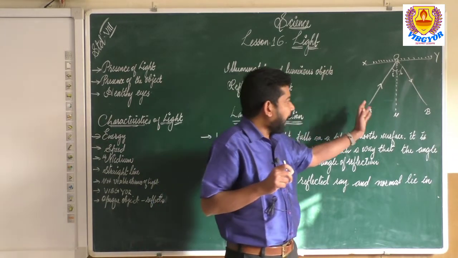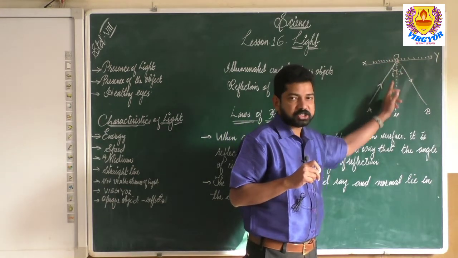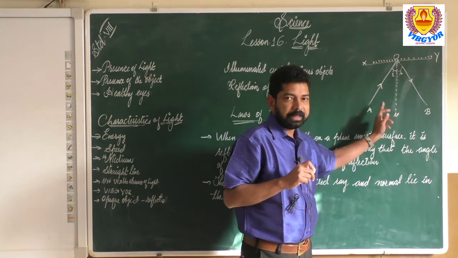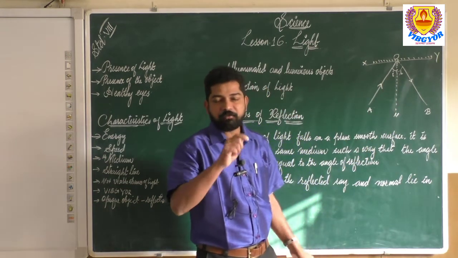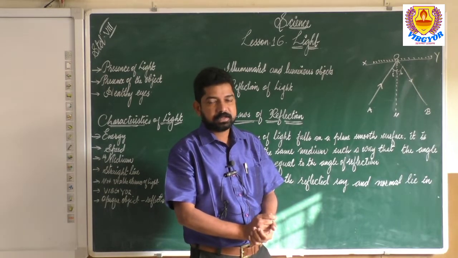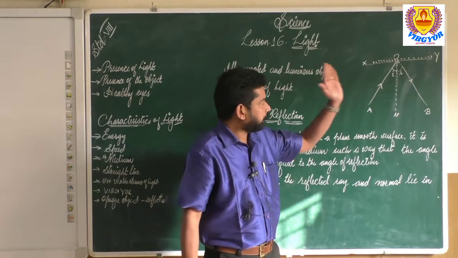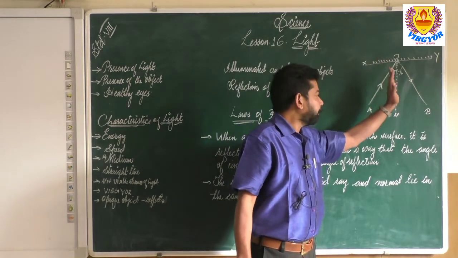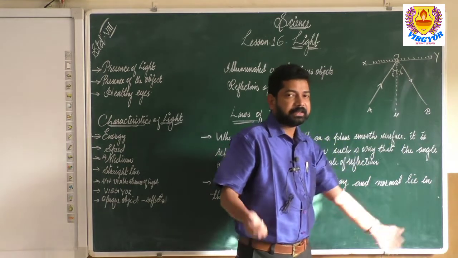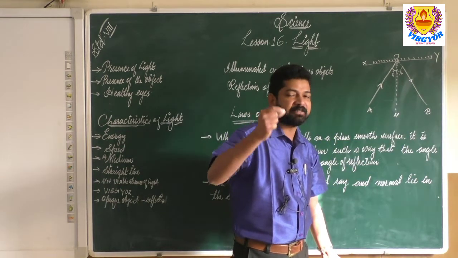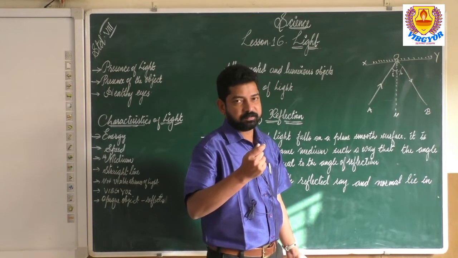Now the angle between the incident ray and the normal is known as the angle of incidence. In the same way, the angle between the normal and the reflected ray is known as the angle of reflection.